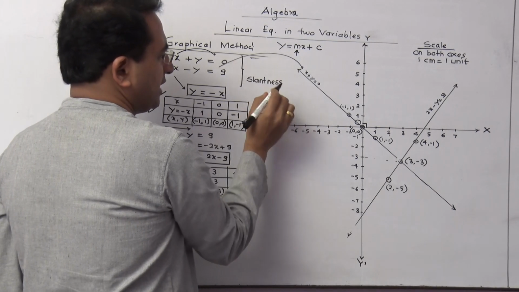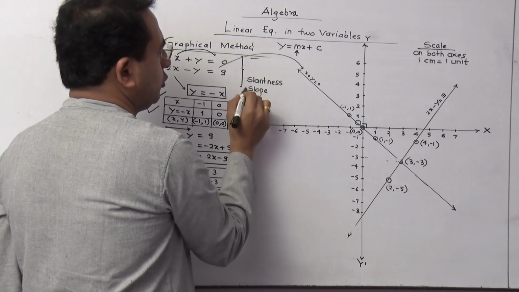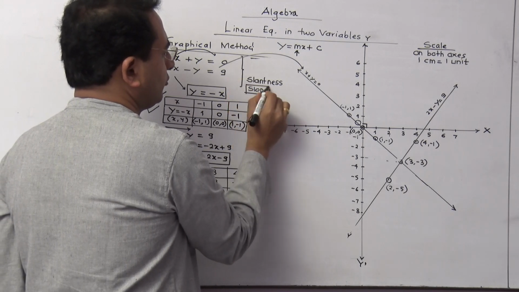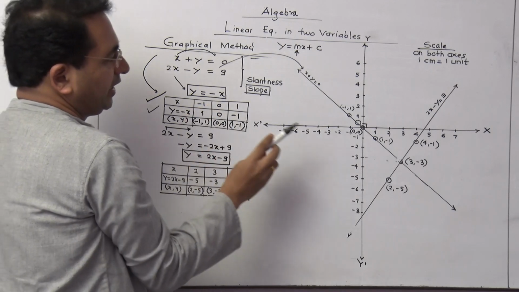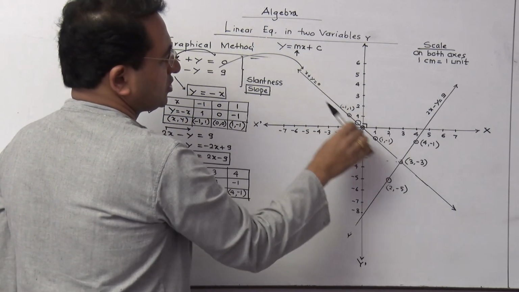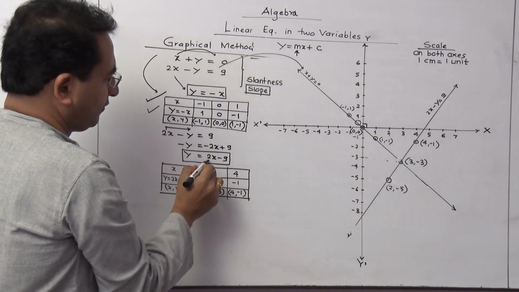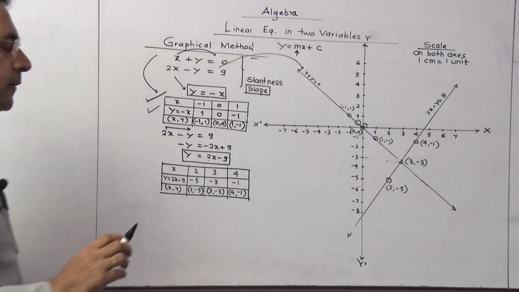In the coordinate geometry chapter, we had a part which is slope. Now it is deleted from the syllabus, but slope has the same meaning here. If it is negative, then the line will be inclined like this. And here 2 is positive, so the line will be like this. So whatever we have drawn is right.